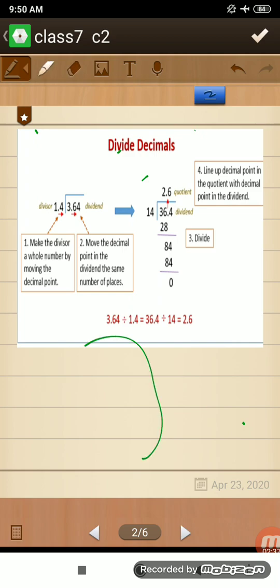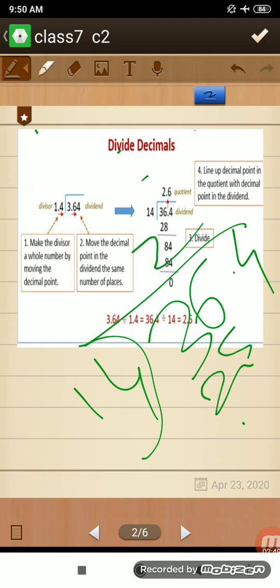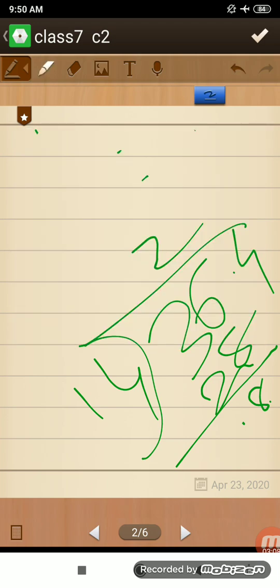Next step, your division. You have 36.4 to divide by 14. Now you directly divide: 2 14s are 28 and remainder 8. Line up the decimal point in the quotient with the decimal point in the dividend.